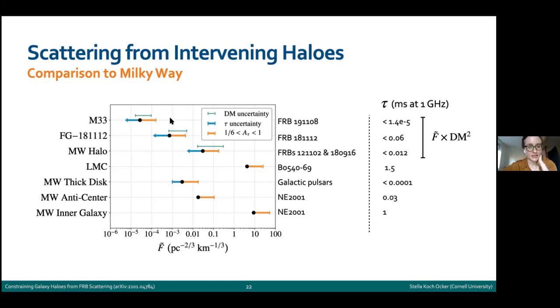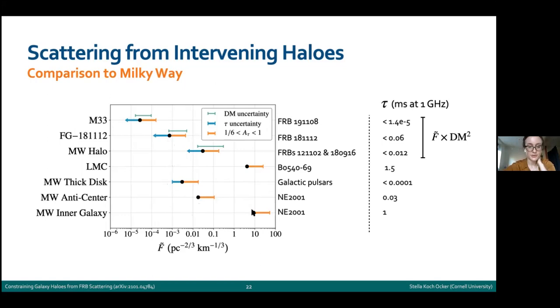And then again, as I mentioned, for each of these halos, we essentially treat the scattering as upper limits to place an upper limit on the fluctuation parameter in each of these cases. I show you a few other values of F tilde here. You'll find the value of F tilde for the galactic thick disk based on the galactic pulsar population.